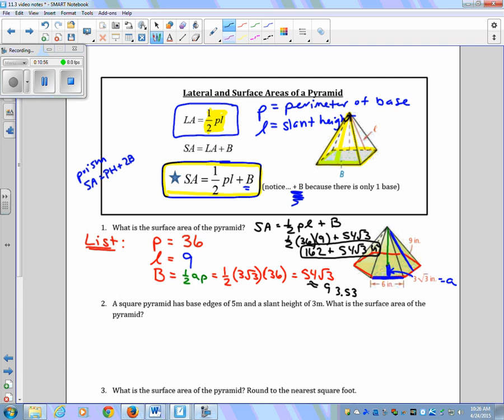If we wanted approximate, that's 162 plus our 93.53, and that's 255.53. Sorry, it got squishy there. Okay.